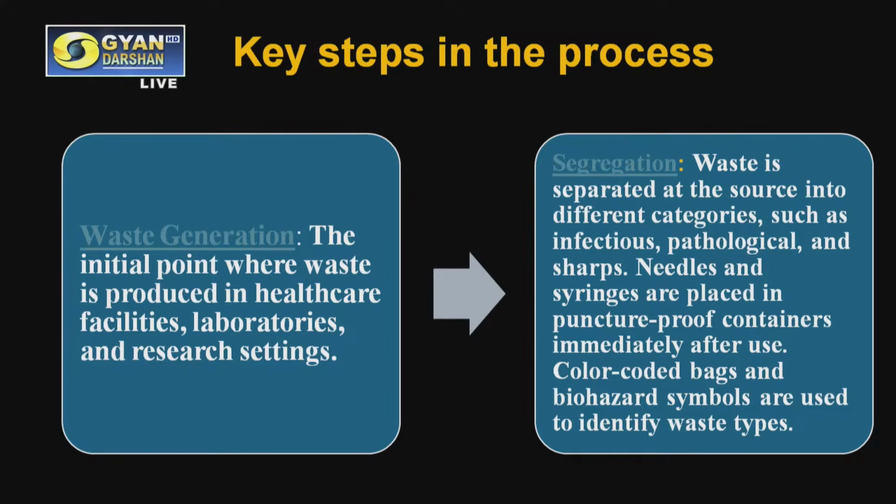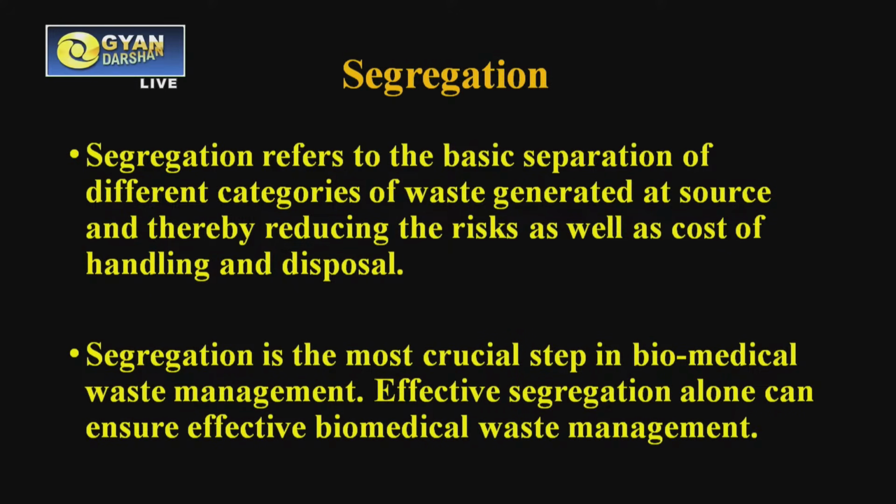Then color-coded bags and biohazard symbols are required in order to identify the different waste types. So segregation refers to the basic separation of the different categories of waste, and thereby you can reduce the risk for handling and also for disposal. This is the most crucial step in any waste management practice, and effective segregation alone can give you high results.